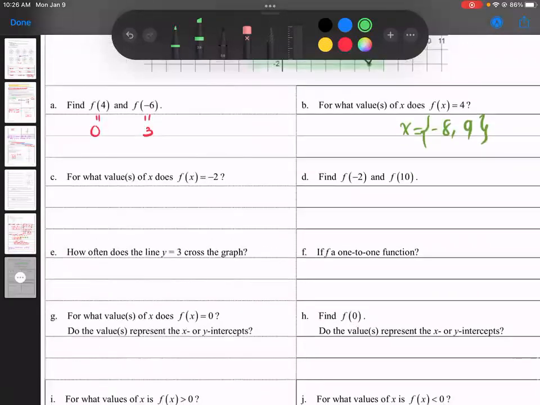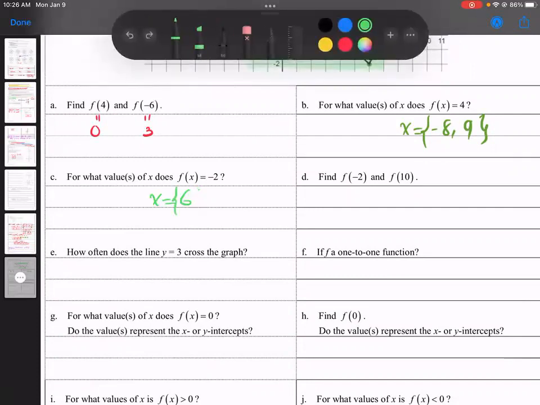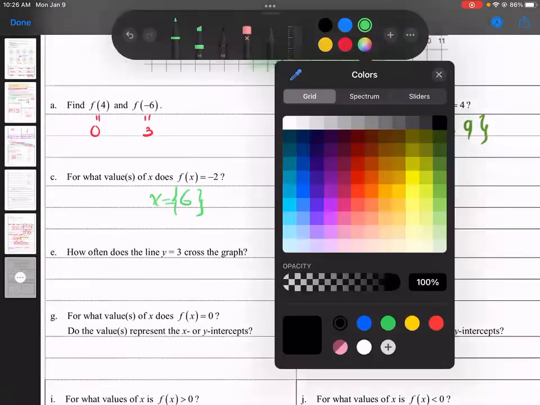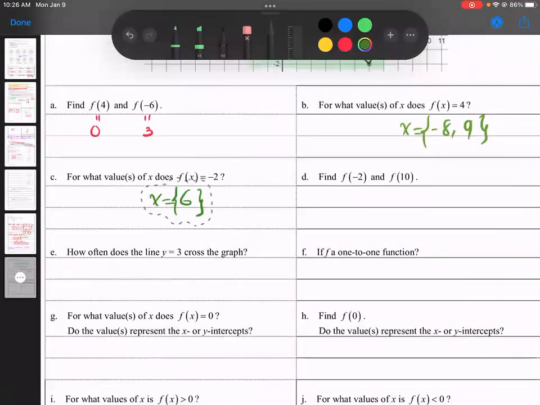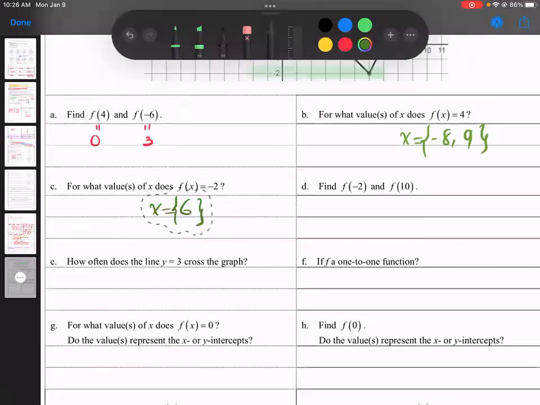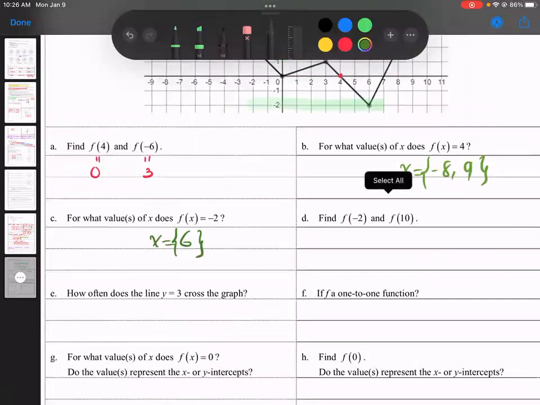So 6. Then I do a curly bracket like that. Find f of -2 and f of 10. f of -2 is 2, f of 10 is 6. Thank you.